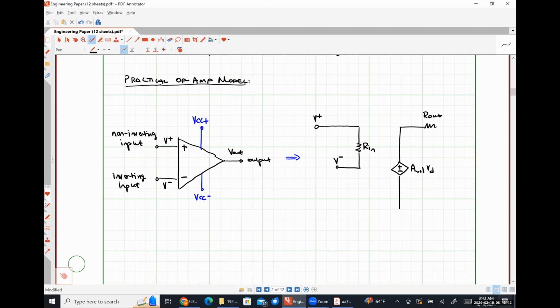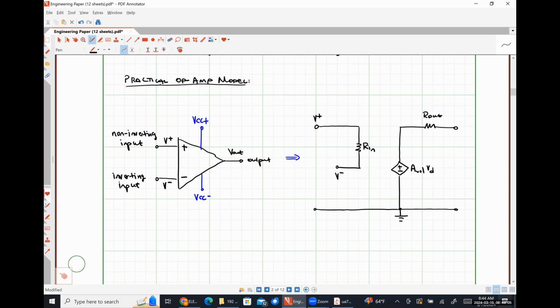That dependent source is in series with our output resistance R out. And then down here at the bottom of the circuit, we are going to have a common ground, like so. I'm actually going to move this guy.